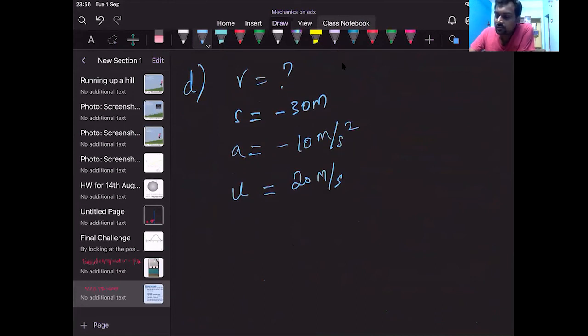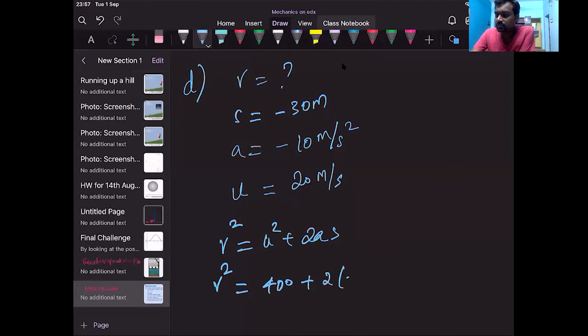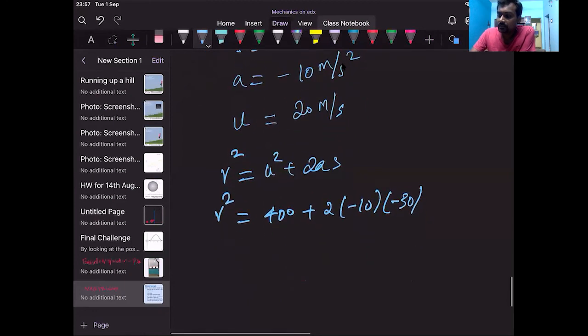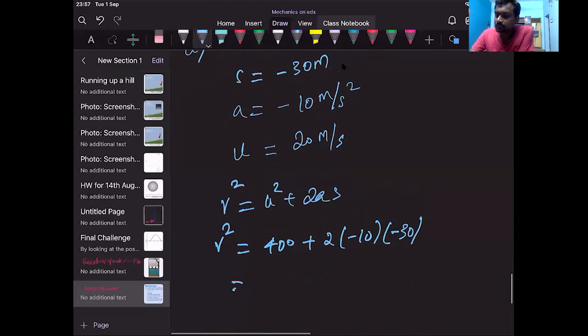So what is the equation involved here? It's going to be v squared equals u squared plus 2as. So v squared is the unknown here. This becomes 400 plus 2 into minus 10 into minus 30. So I get 400 plus 600, which is 1000.